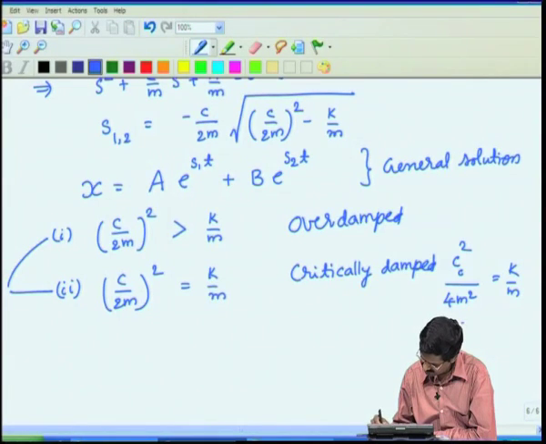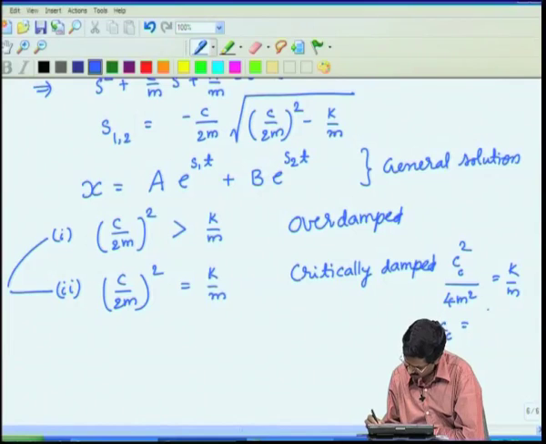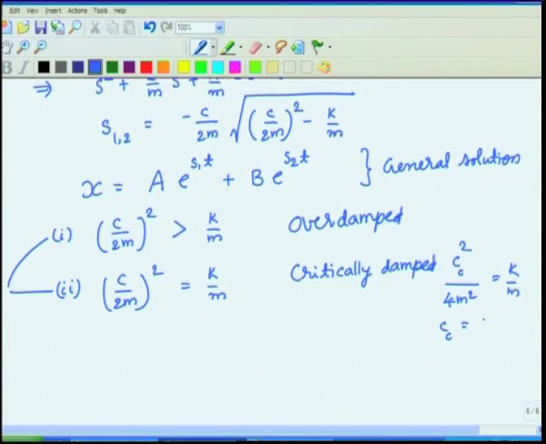So, Cc is going to be equal to 2 times the square root of mk, because one m and another m cancel, and there will be mk, and then 4 into a square root, it will be this.